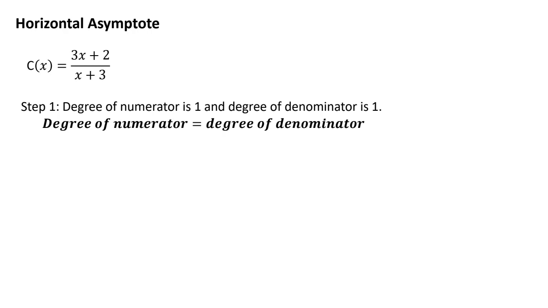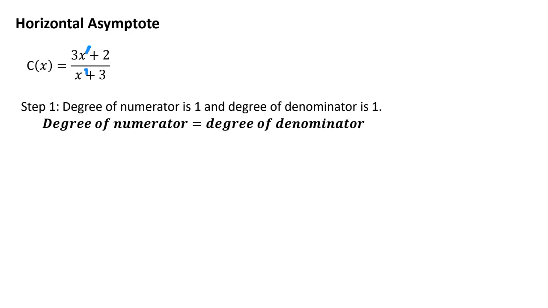This one's more straightforward. I see that my numerator has a degree of 1. We don't write it. And my denominator has also a degree of 1. So now we're dealing with case 2 for my horizontal asymptote, which says that when the degree of my numerator is equal to the degree of my denominator, I'm going to have a ratio of the leading coefficient of the numerator divided by the leading coefficient of the denominator.